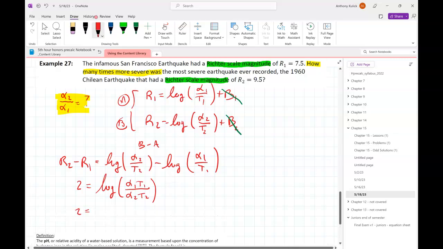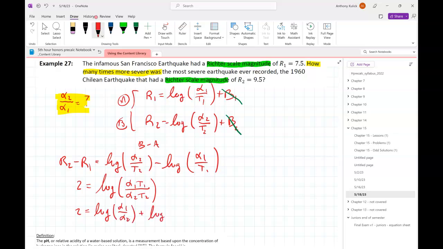And I'm going to now apply the product property for logarithms and separate that back out like this. And we're going to pause here and think about it because we almost have what we need, right? I see, well, that should be alpha 2 over alpha 1. I goofed that up. Sorry, one moment.